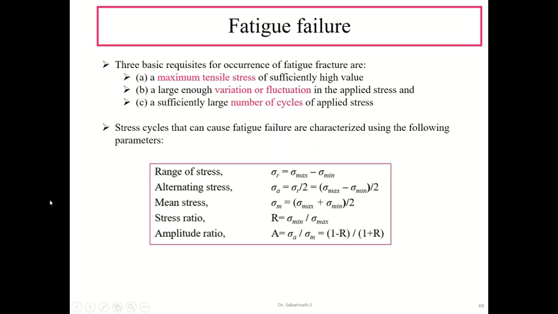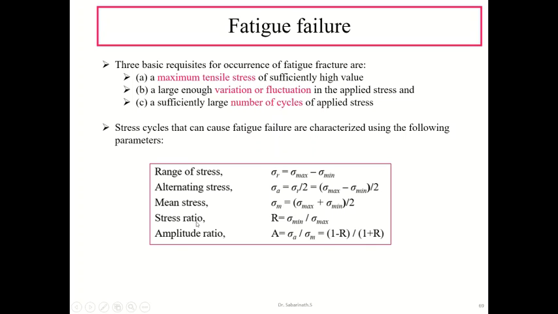The stress cycles that cause fatigue failure are characterized using the following parameters. The range of stress is sigma r = sigma max minus sigma minimum, and the alternating stress sigma a is given by sigma r by 2, which equals (sigma max minus sigma minimum) by 2.